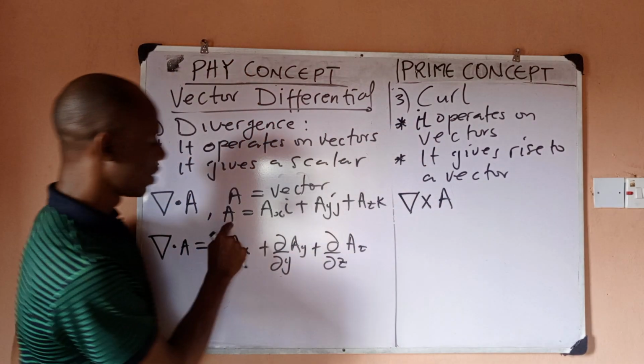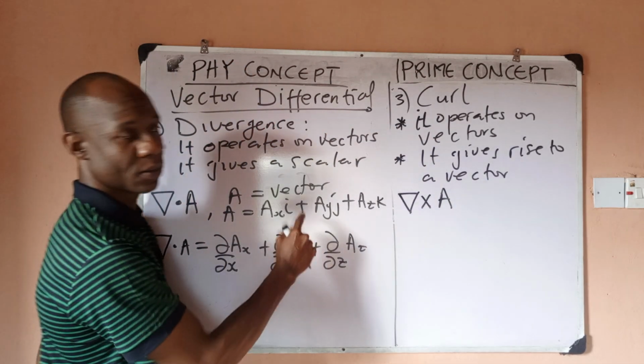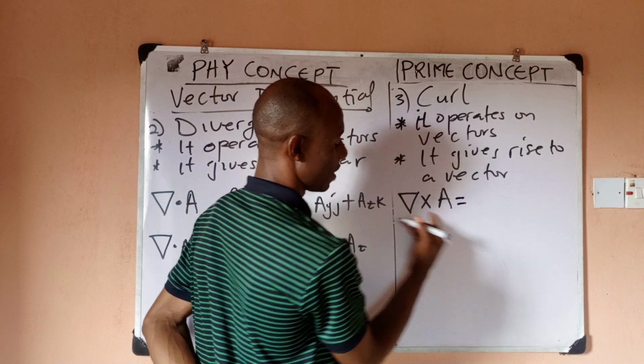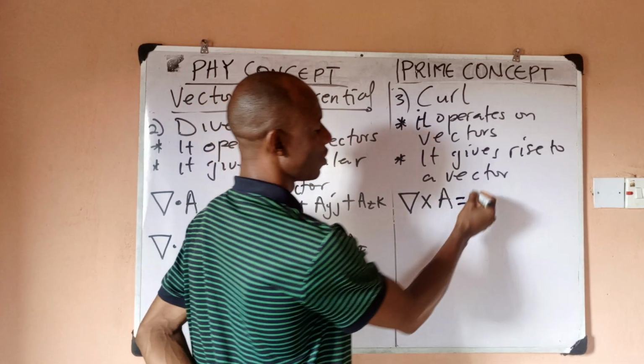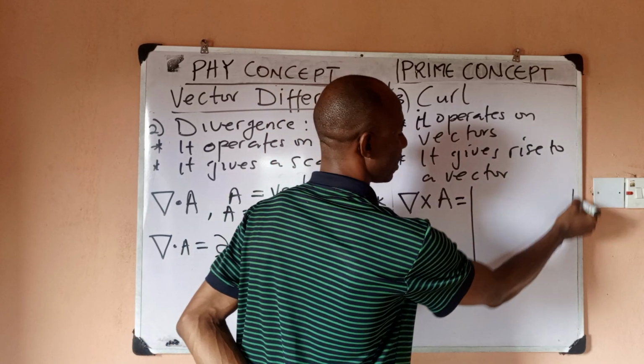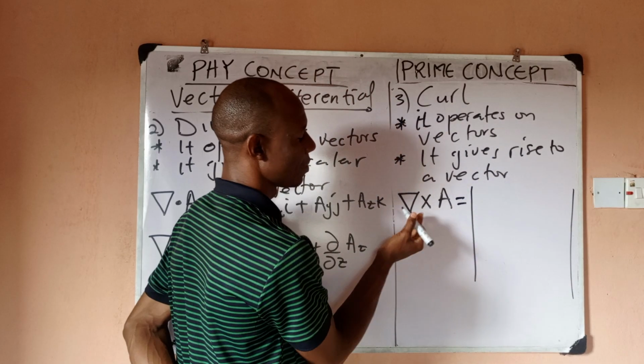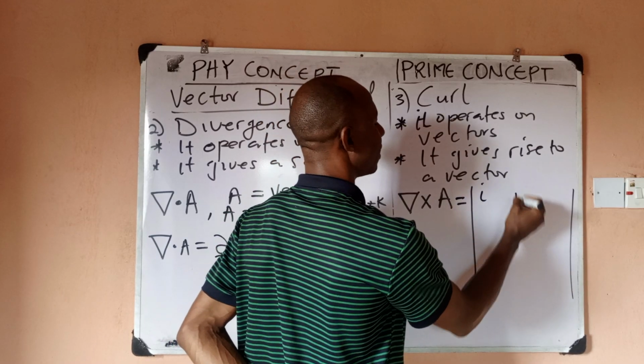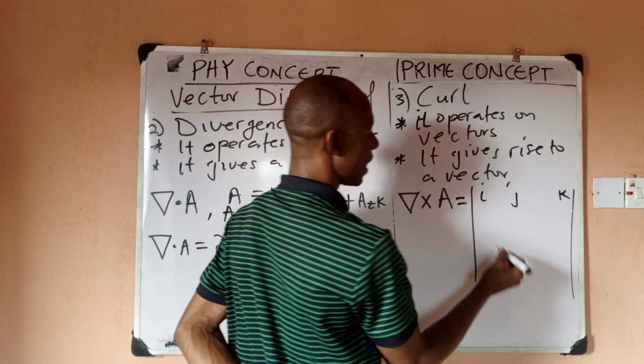Yes. Now, still using vector A, you would notice that whenever you're doing cross product, it's easier to always use the determinant of the matrix to find it. So I'll do that. The curl operator is obtained using the determinant of a matrix. So I have i, j, and k.